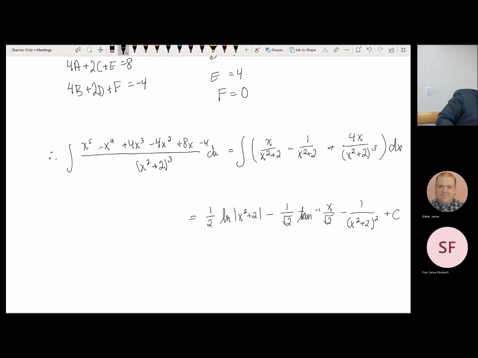And then it's just a matter of evaluating the antiderivatives. So you get a half log absolute of x squared plus 2 minus 1 over root 2 inverse tangent x over root 2 minus 1 over x squared plus 2 squared plus c.